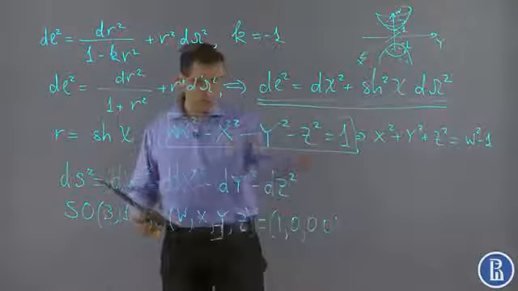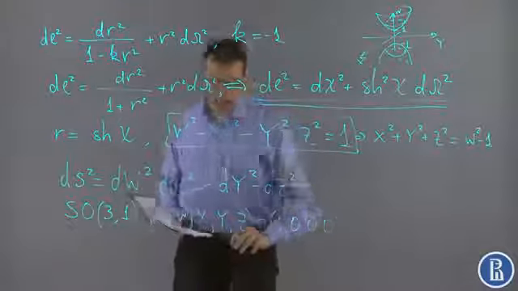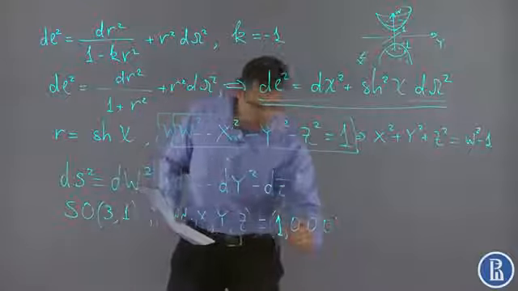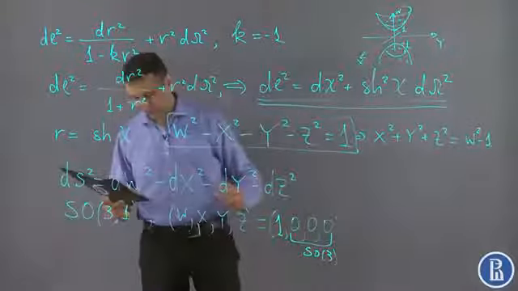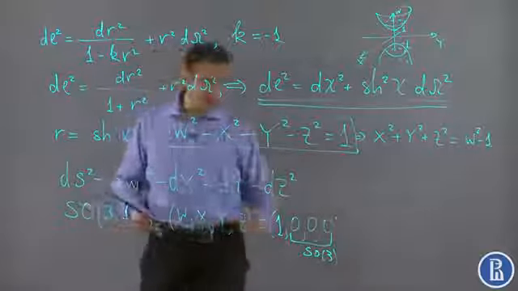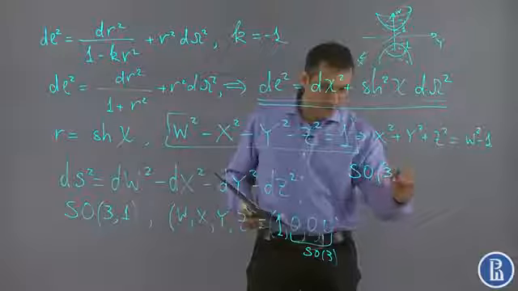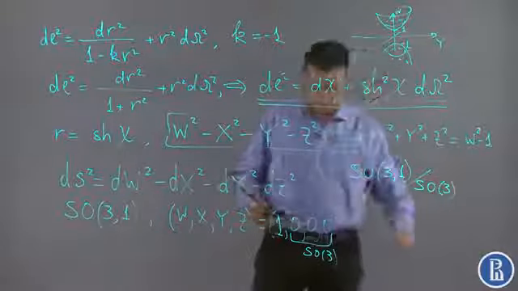This point solves this equation, so it lies inside this space, and the stabilizer of this point is rotation in this direction, SO(3). Hence, the space that we are discussing is a homogeneous space of the form SO(3,1) divided by SO(3).